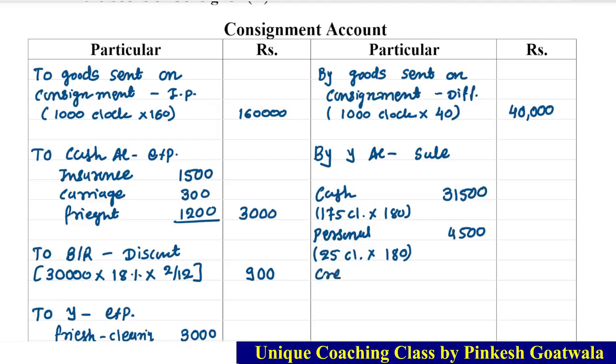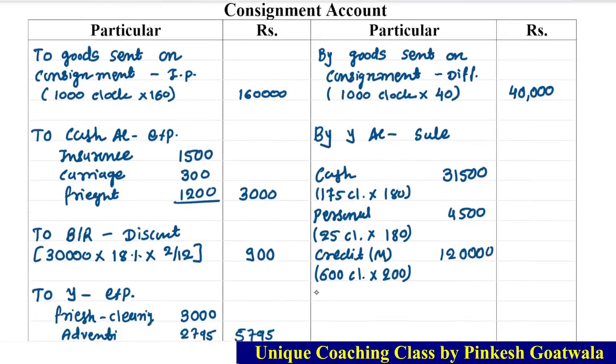Then credit sale was done to M, so in a bracket we have to give the name M. 600 clocks at 200. 600 into 200, 120,000. Then recommodation, that is to N. How many clocks?